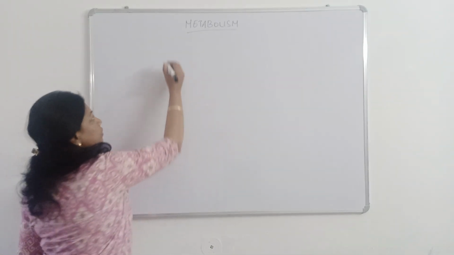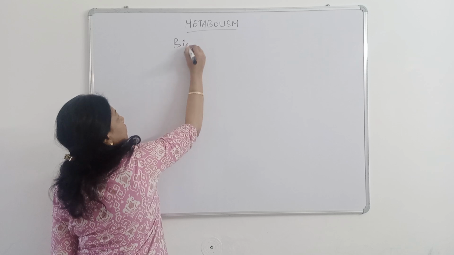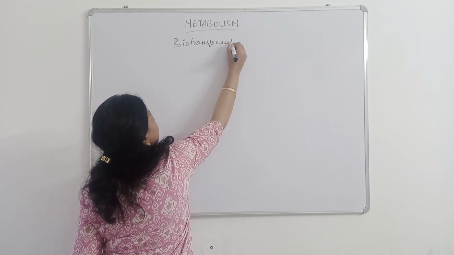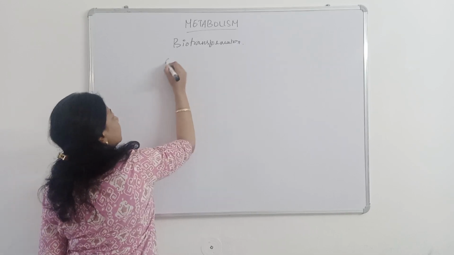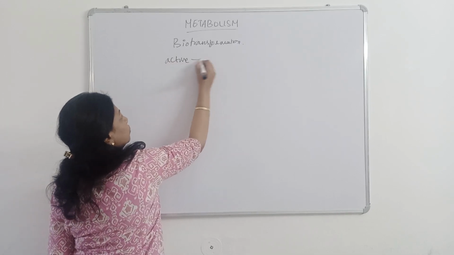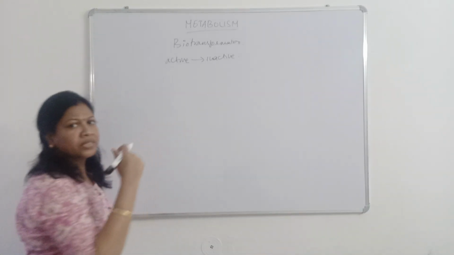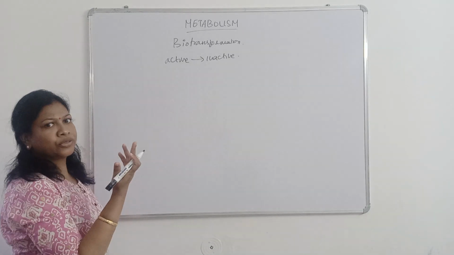So what is metabolism? It is also known as biotransformation. It is the transformation of a drug from its active to inactive form. Why convert the drug from active to inactive?